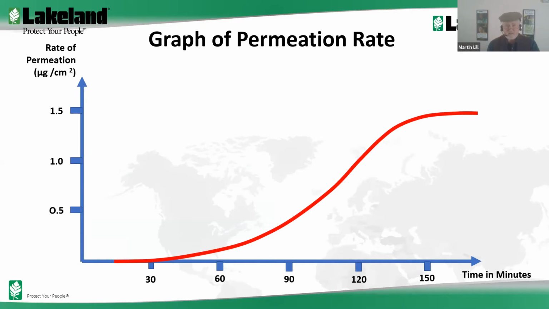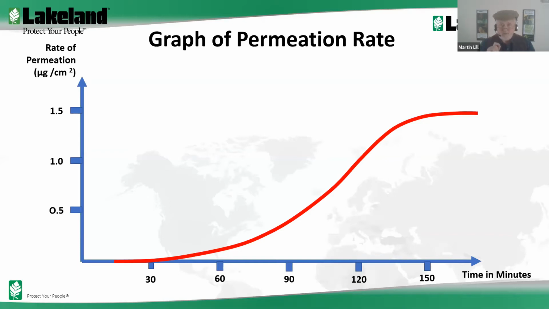So in this case, the permeation starts there at 30 minutes, and the speed of permeation increases over time until it tails off at a steady state permeation at 1.5 micrograms per centimeter squared.